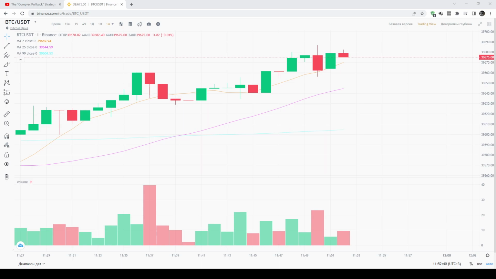Then you have the C point, which is the retracement of the AB leg by the 61.8 Fibonacci ratio. This means that the price returns from the B point to the 61.8 of the big AB leg.